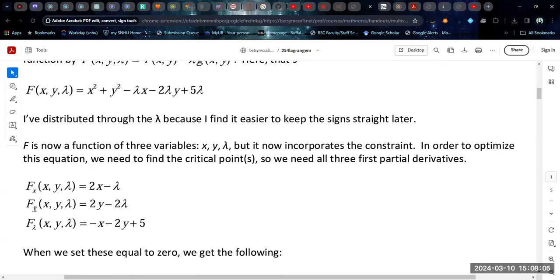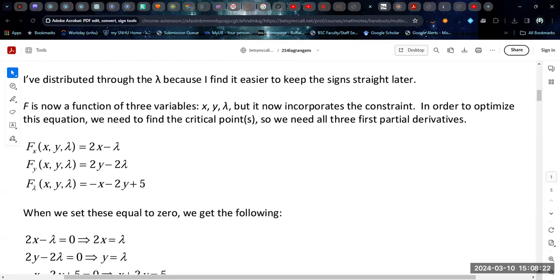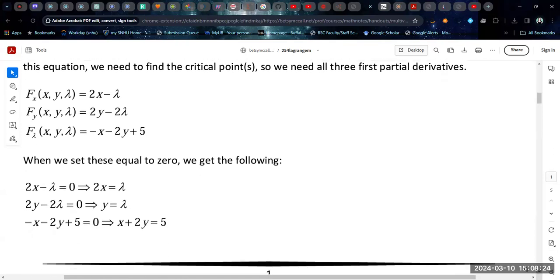The derivative with respect to y, the partial derivative, we get 2y, which comes from here, and negative 2 lambda, which comes from here. And then F lambda is basically just going to give us our negative g. And we set all of these equal to 0. We get 2x is equal to lambda. Lambda is equal to y. And this was our original constraint.